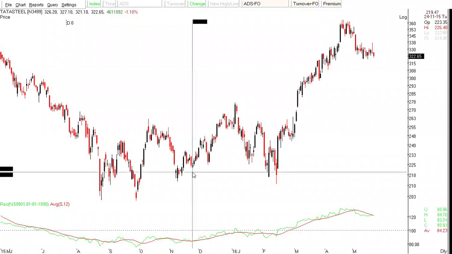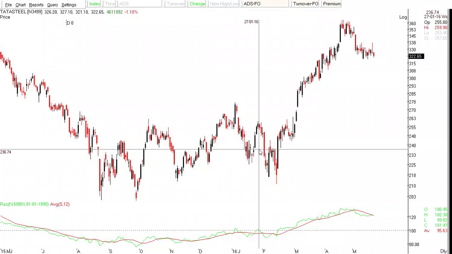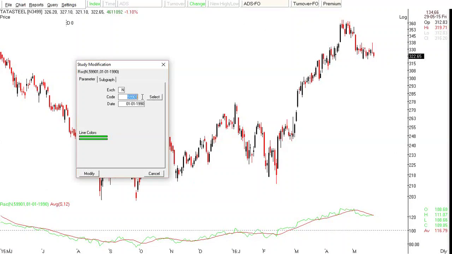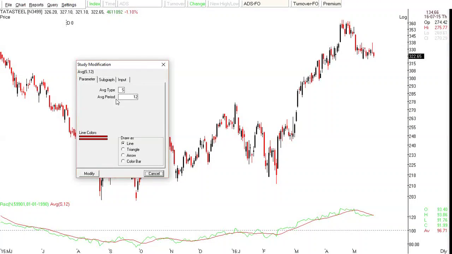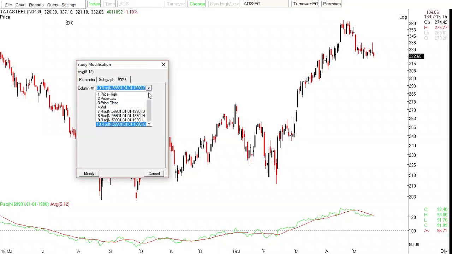So going back to what we were doing, we have the daily chart of Tata Steel. We have plotted a relative strength comparison and we are comparing it with the benchmark Nifty. Then we have plotted a simple 12-period moving average, and this moving average is calculated not on price, open, high, low, close or anything.